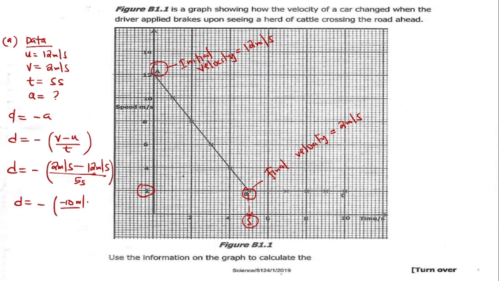Divide by 5 seconds, this is equal to negative 2 meters per second squared. Negative multiplied by negative, our retardation is equal to 2 meters per second squared.